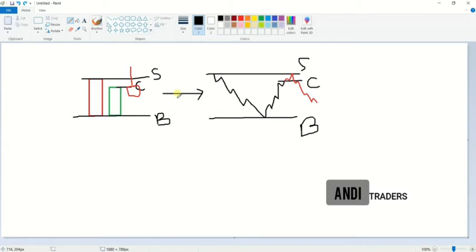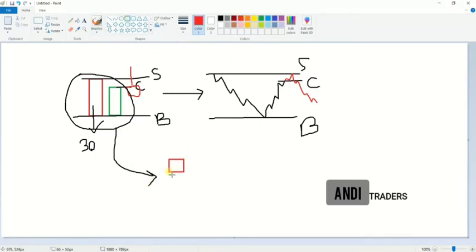Okay, so if these two candles are 30-second candles, and if we convert these charts to 1 minute, what can we see? We can see a red candle like this. So these are the same. Let me draw it again here.